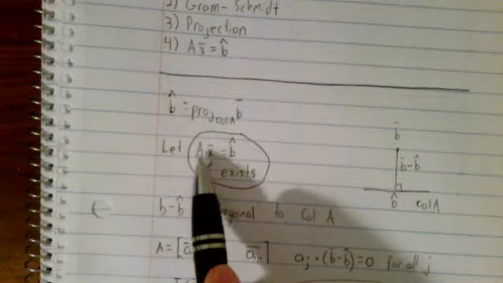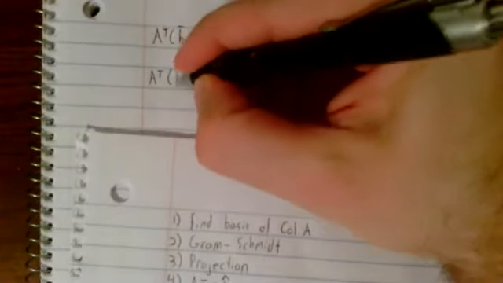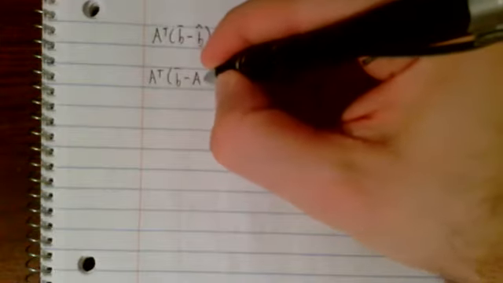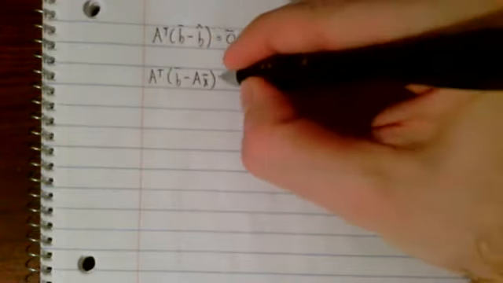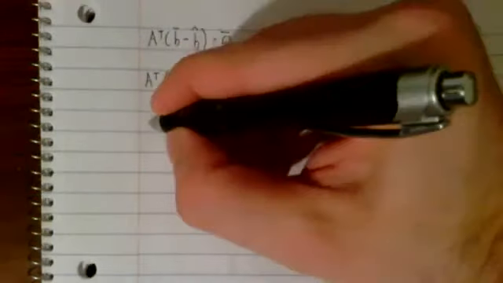There's an x such that Ax equals B hat. Let's take that and make the replacement. Ax equals B hat. And this is all equal to 0.